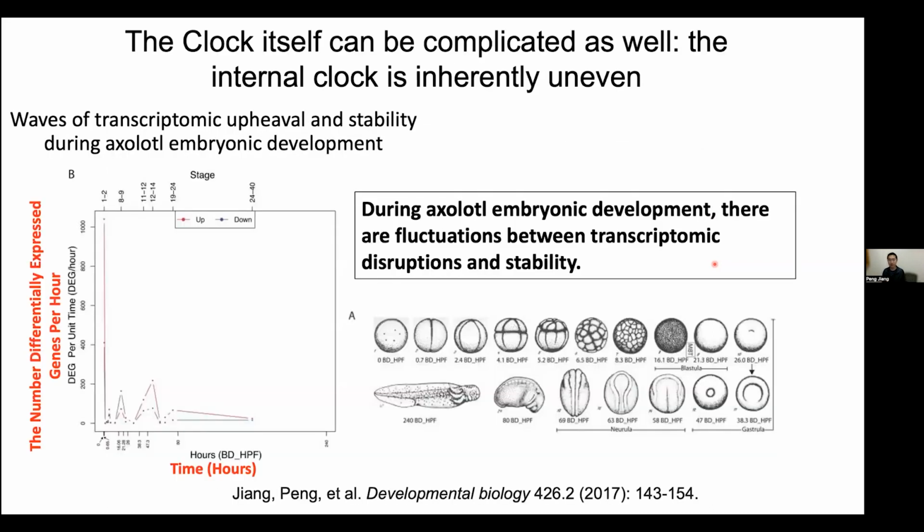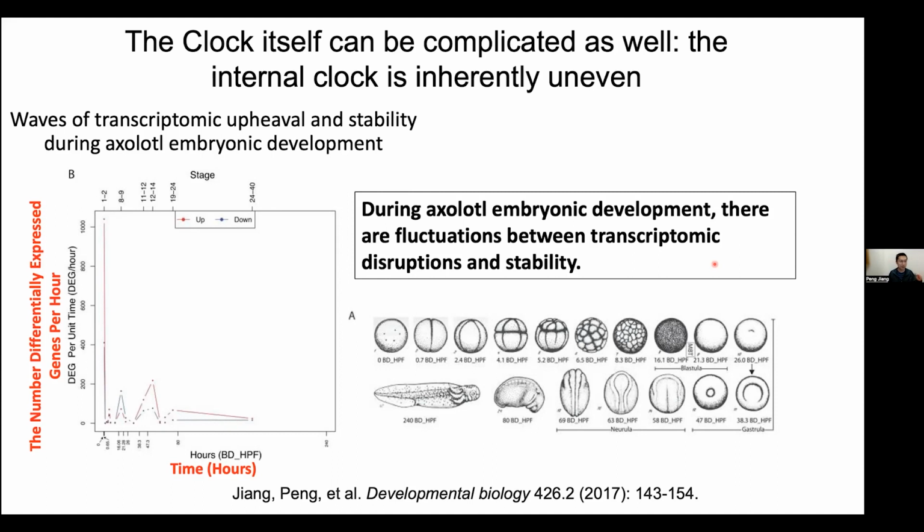And the clock itself can be complicated as well. Let's say the internal clock is uneven. For example, take the early development of the frog or the axolotl. During axolotl embryonic development, there are fluctuations between transcriptomic disruption and stability. When we think about early development, we're always thinking it's even. Actually, it's not.